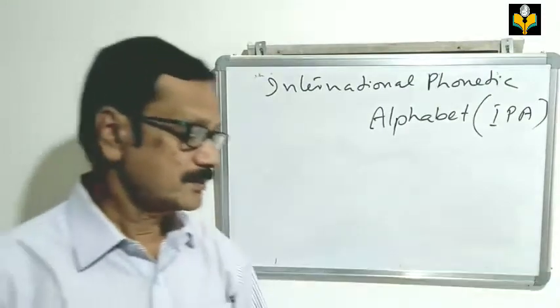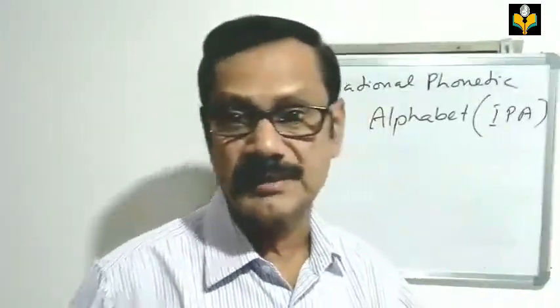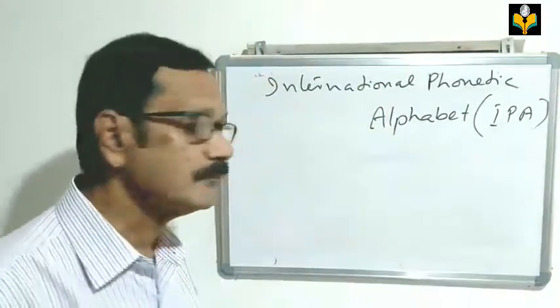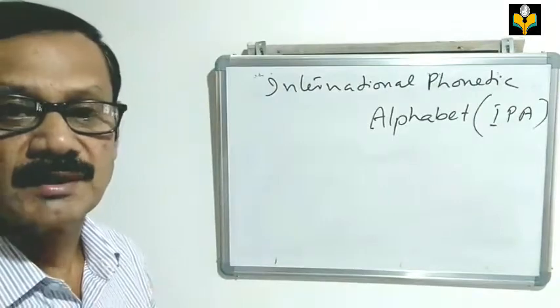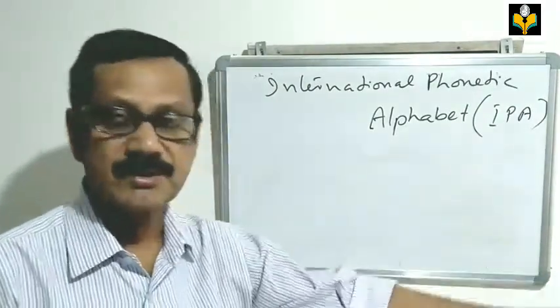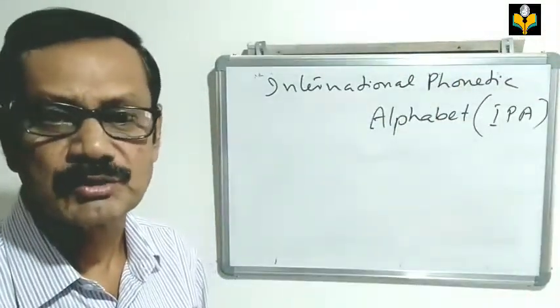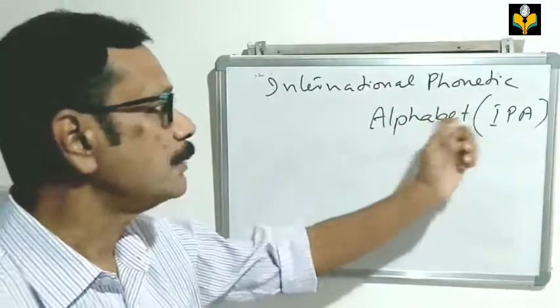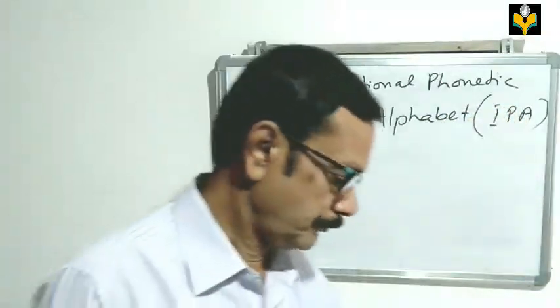From the term itself, we can say it includes all the sounds of the world's languages. English has 44 sounds, Malayalam 52 sounds. So all the sounds of the languages of the world are represented in the IPA, the International Phonetic Alphabet.